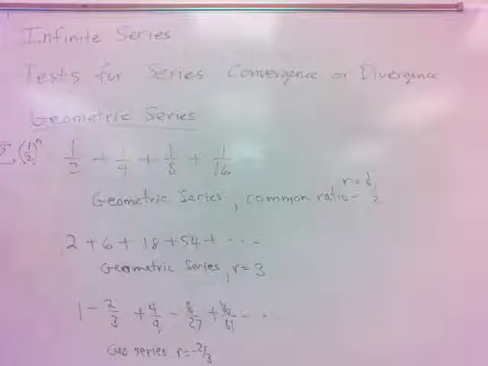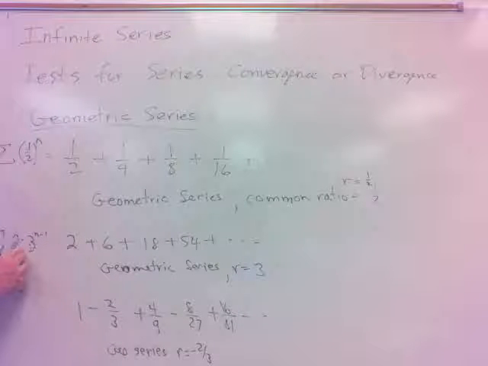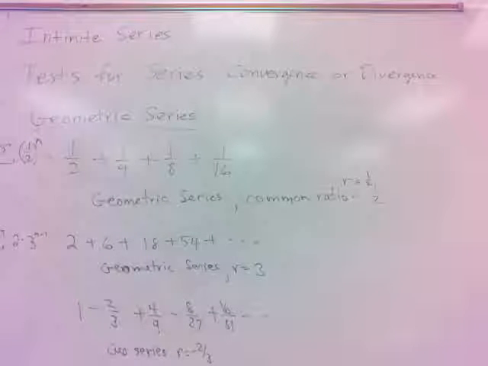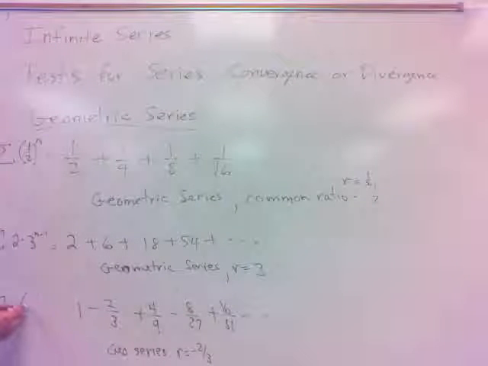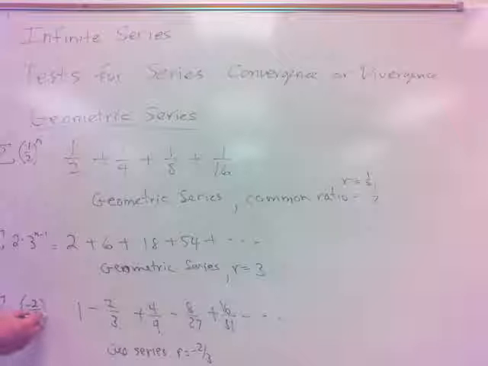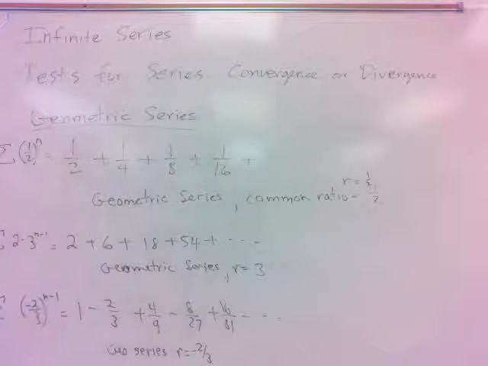This one I could write as the sum of 2 times 3^(n-1). That's one way I could write it. Have to make a little adjustment for that being 2 there instead of 3. And then this one is (-2/3)^(n-1). You believe that?